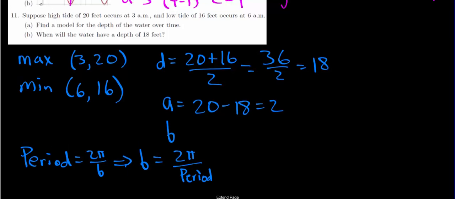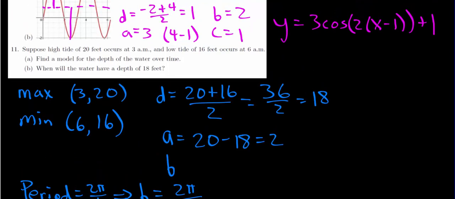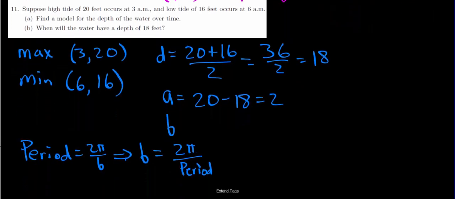So the period here, notice we go from 3 to 6, we go from high tide to low tide. That's half of a period because we've got to get back to the high tide. So 3, 4, 5, that's 6 hours for the complete cycle. So we get 2 pi divided by 6, which is pi over 3.